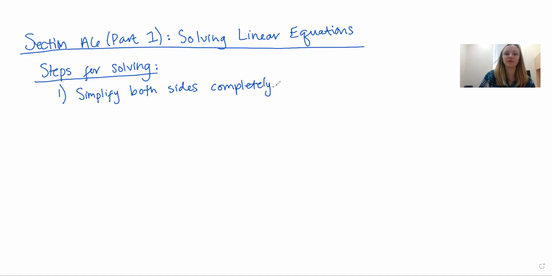And there's a couple of different things that this might mean doing. So one thing could be clearing the parentheses. And this is something we just saw in section AR 1.4. So to clear the parentheses, we're going to distribute.